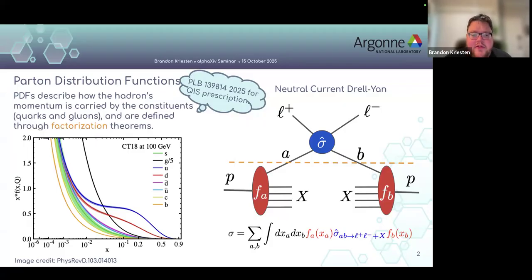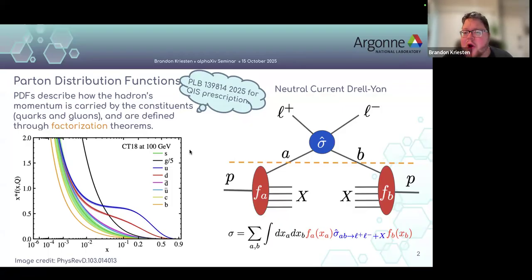You can see here in this plot a representative example of a phenomenological fit of the parton distribution functions to world data. They're shown as a function of the longitudinal momentum fraction x, ranging from essentially 0 to 1, and they're given at a particular factorization scale, in this case chosen to be 100 GeV.